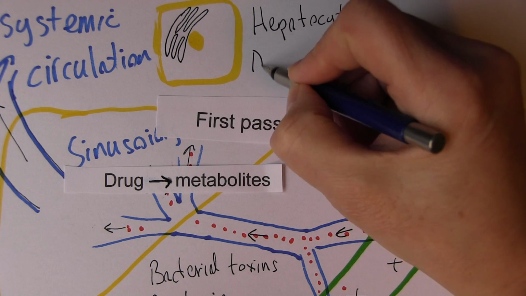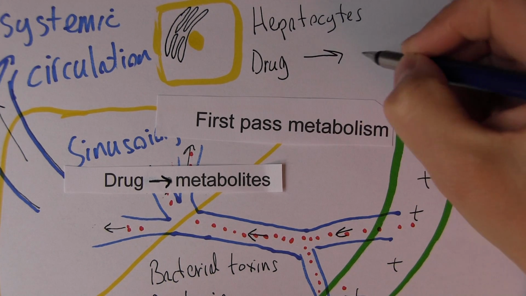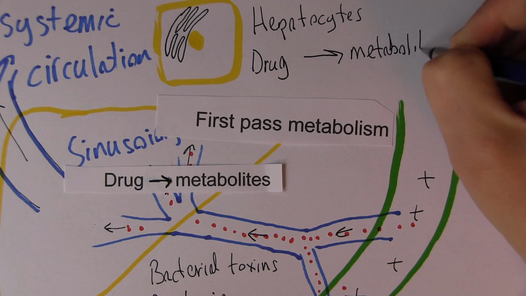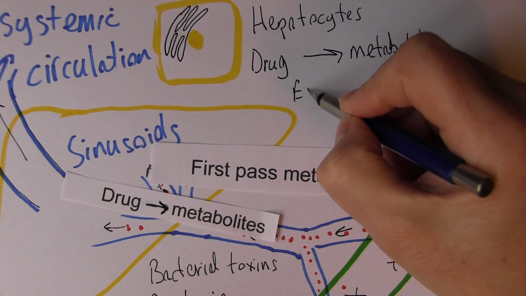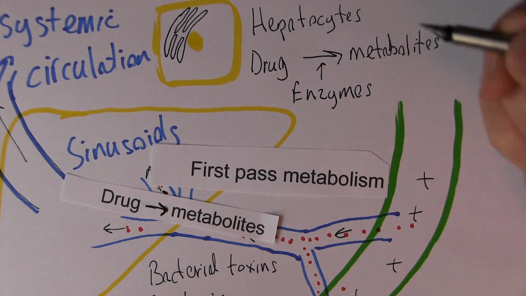So the drug will be affected by enzymes which break it down to metabolites, and that will be done by enzymes in the individual hepatocytes.